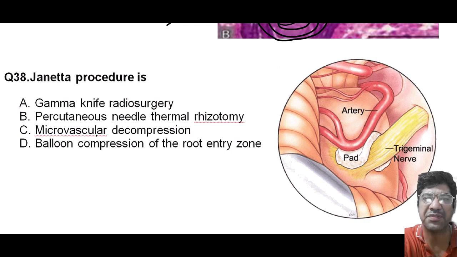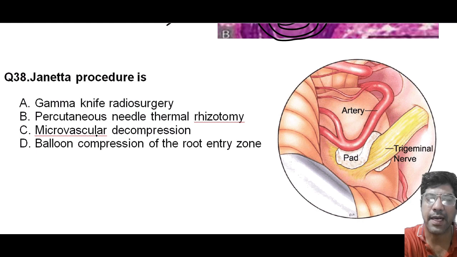Next is Janetta procedure. So Janetta procedure is also known as microvascular decompression. That is a treatment done for trigeminal neuralgia.